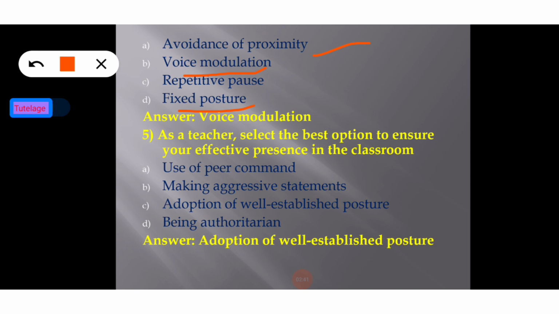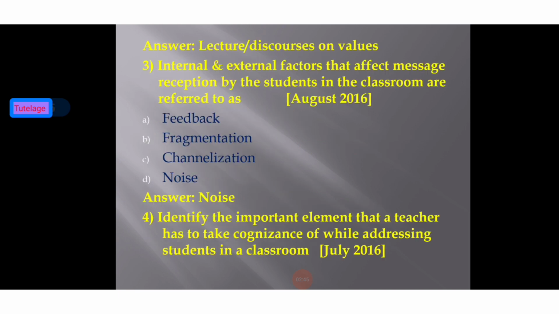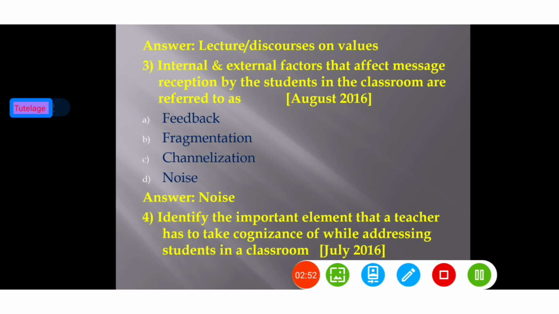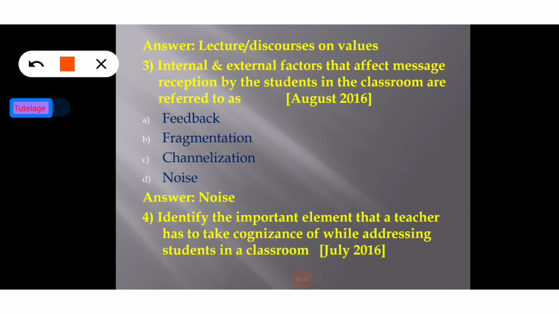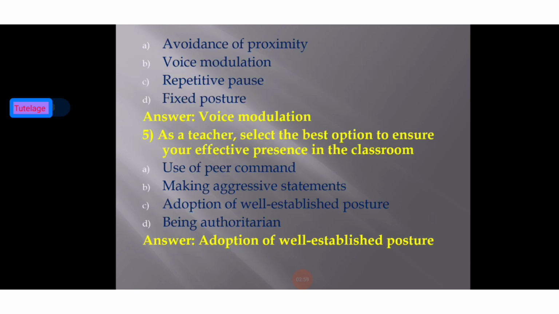I think option number B is the correct answer. Voice modulation is one of the most important elements that a teacher has to take cognizance of while addressing students in a classroom, among avoidance of proximity, repetitive pause, and fixed posture. Voice modulation is one of the most important elements in classroom communication.